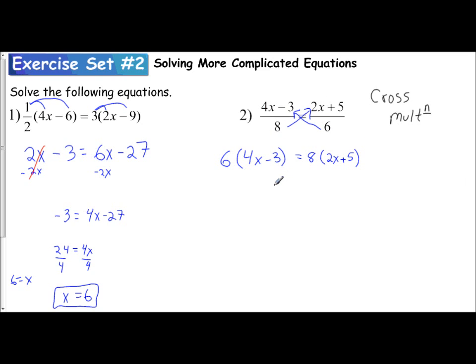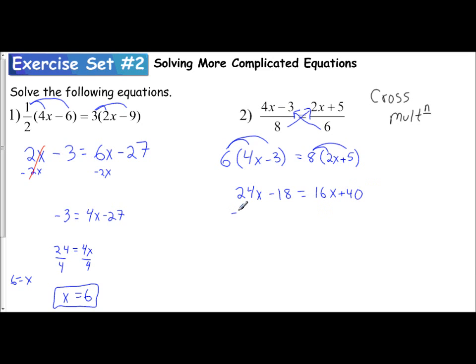And so once you do that, it doesn't look too bad. It looks very similar to this problem, except for here we have integers, and here we had a fraction. So same idea, distribute the 6 to get 24x minus 18 equals, and then distribute the 8 to get 16x plus 40.